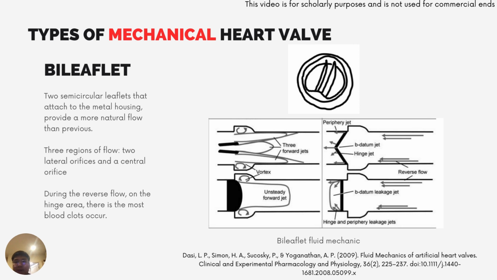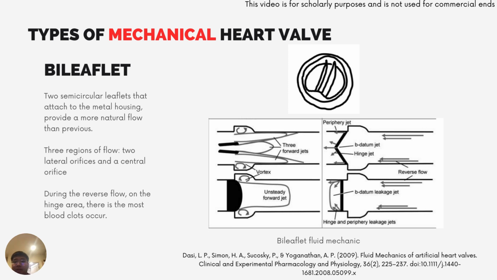For the third type, the bi-leaflet mechanical valve consists of two semicircular leaflets that rotate on struts attached to the metal housing, providing more natural blood flow than the previous types. During the forward flow of the valve, there are three regions of flow: two lateral orifices and the central orifice.